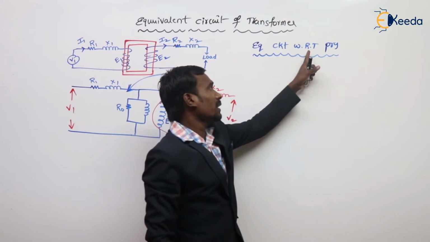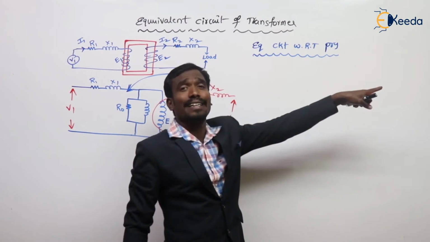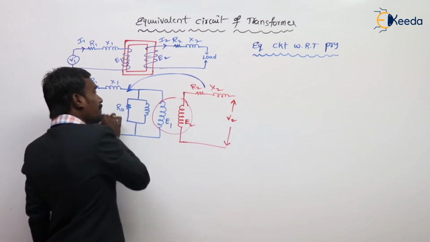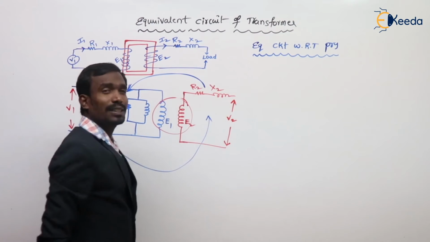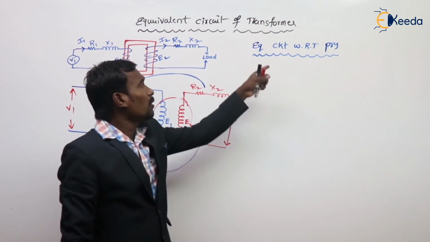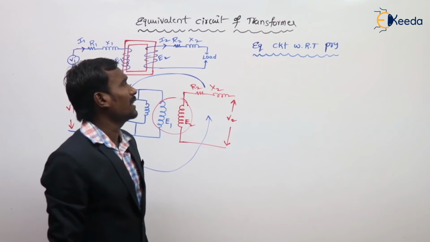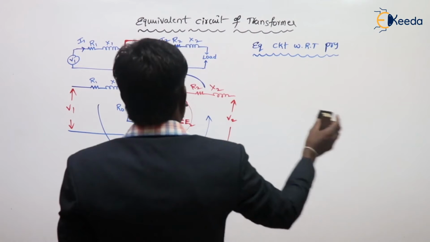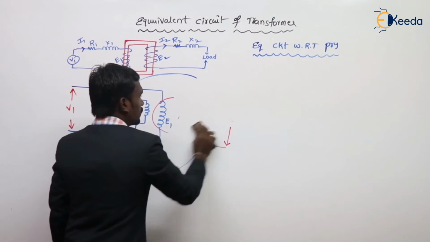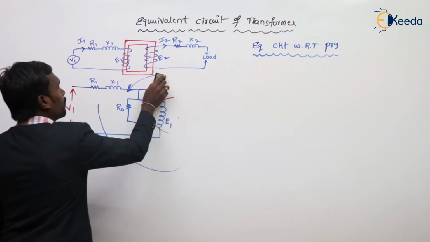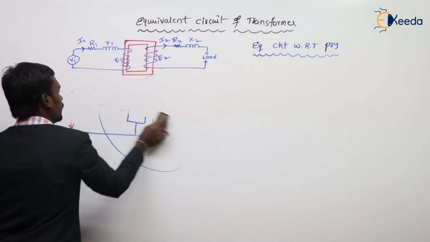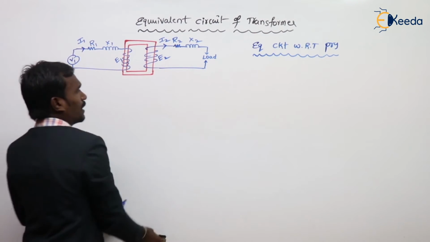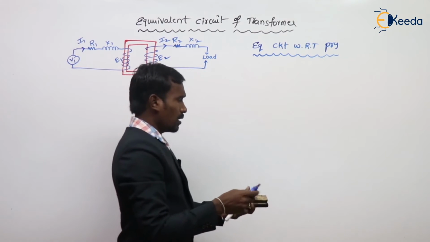For example, referred to secondary means the primary parameters are transferred into the secondary. Now, I am going to draw the equivalent circuit with respect to primary. Let's see how it is.